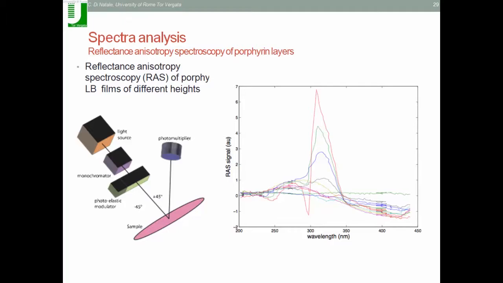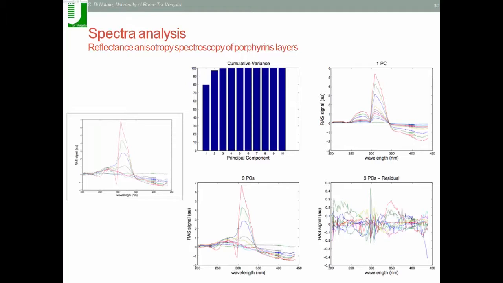When we calculate principal component analysis on these spectra, the first three principal components carry about 100% of the information. We have some hundreds of spectral channels, but the actual dimension of this problem is only 3.